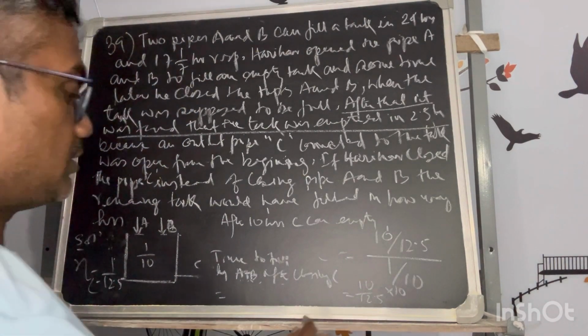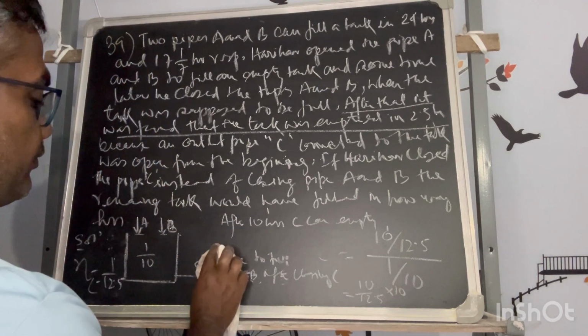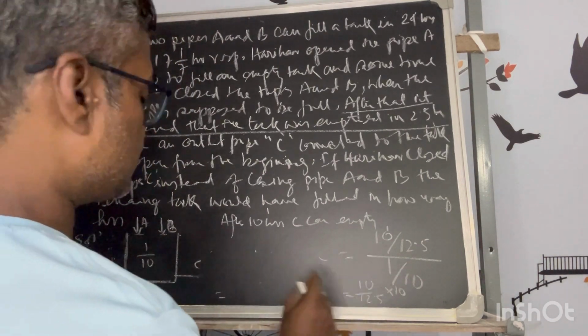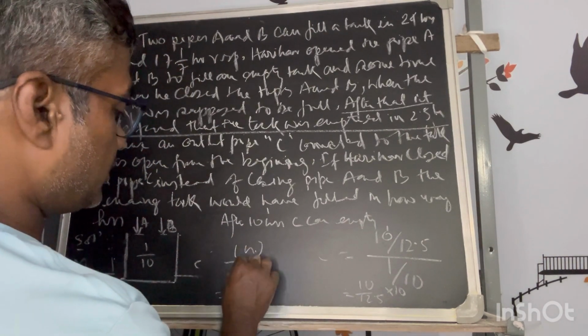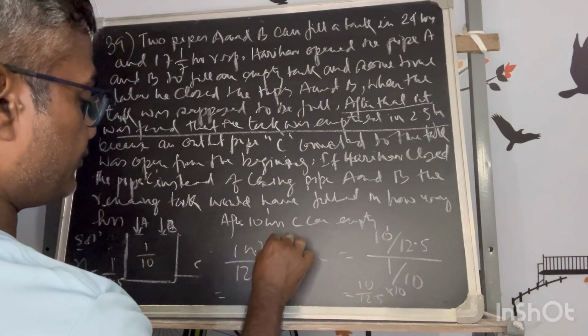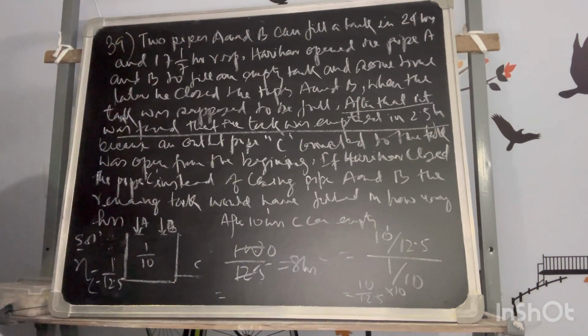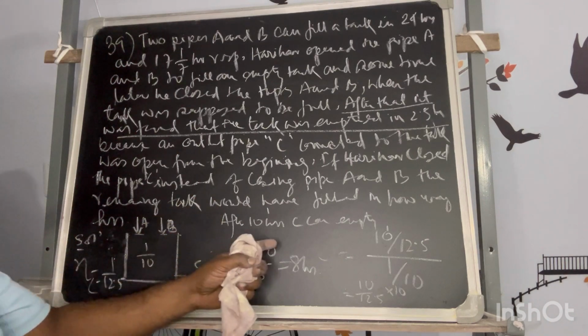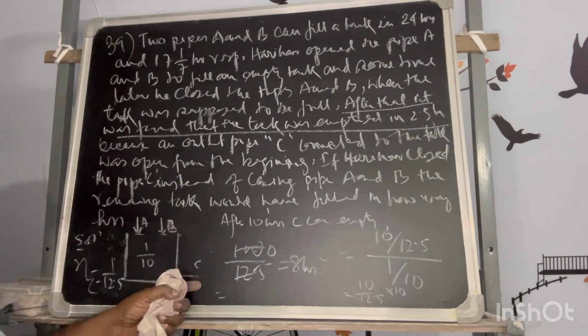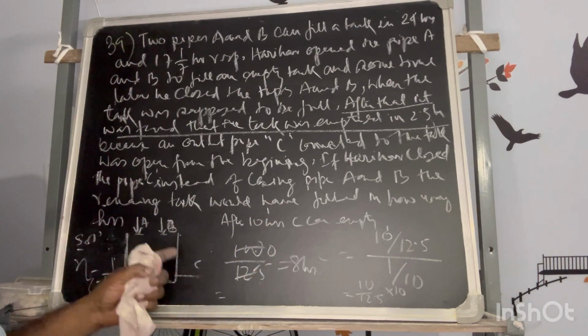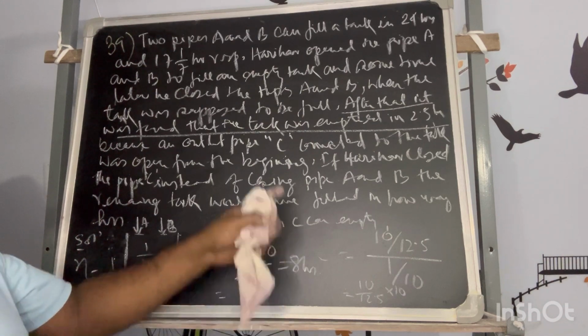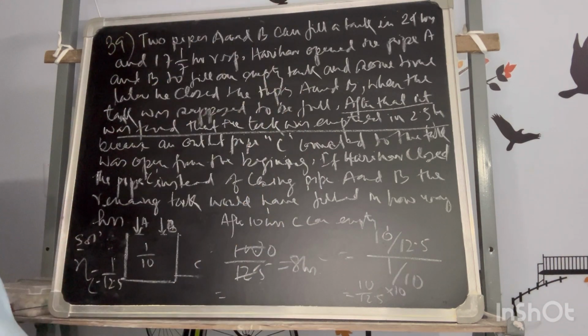So 10 into 10 by 12.5. This many hours it will take. So this is 100 upon 12.5, which is 8 hours. So A and B will fill after C is closed. Instead of A and B being closed, it will take 8 hours to fill the remaining part.